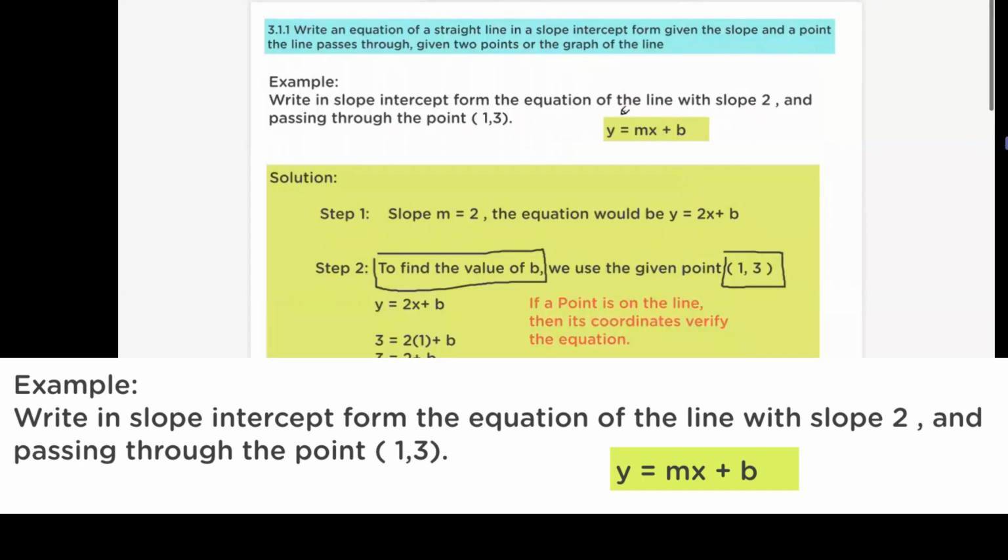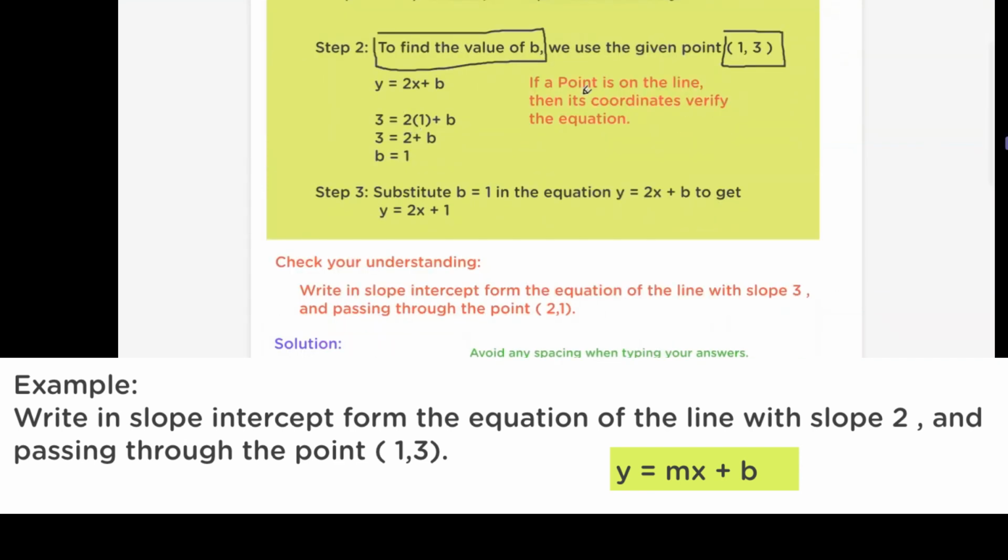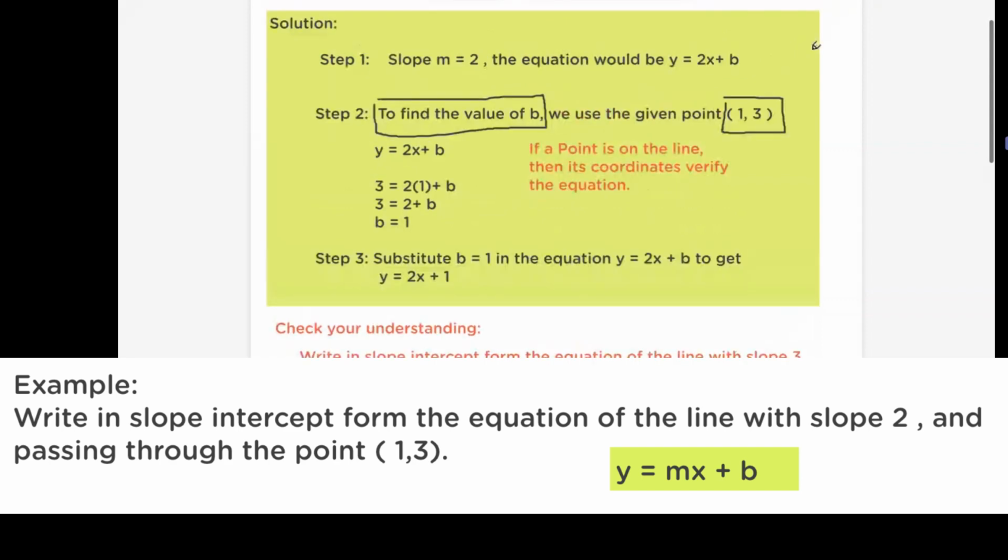This point is given in the question. Remember, this point is on the line. So what you need to do, you take the equation that you wrote in step 1, you take it as it is, and you use this point inside this equation. You put it in the equation: 1 for x, 3 for y.